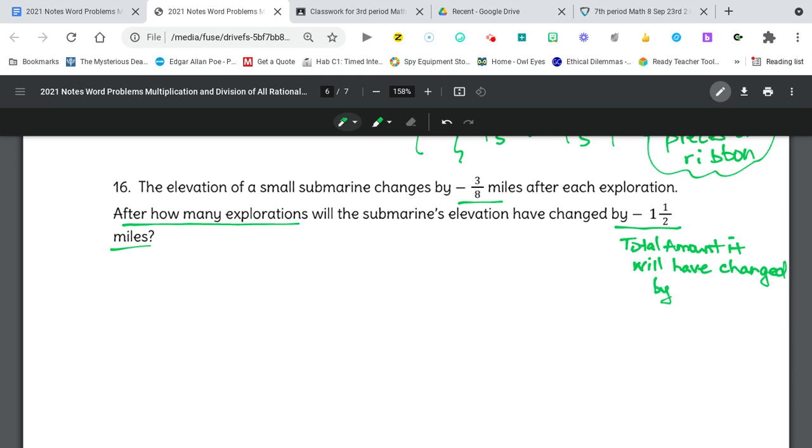After how many explorations, whatever we find. And this is just a little bitty piece that it's changing by. And I'm going to put total amount of miles. And this is the small amount of miles that it's changing by after each stop, okay?